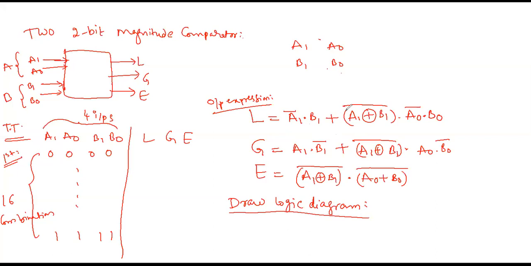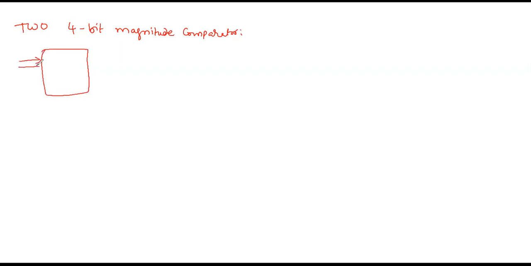Now we'll go with the 4-bit magnitude comparator. A is 4 bits, B is 4 bits.